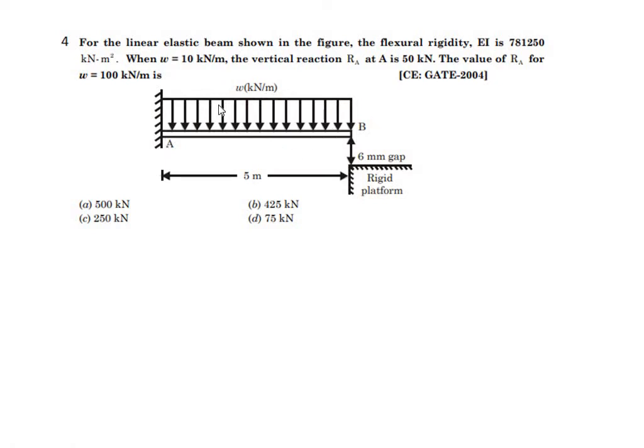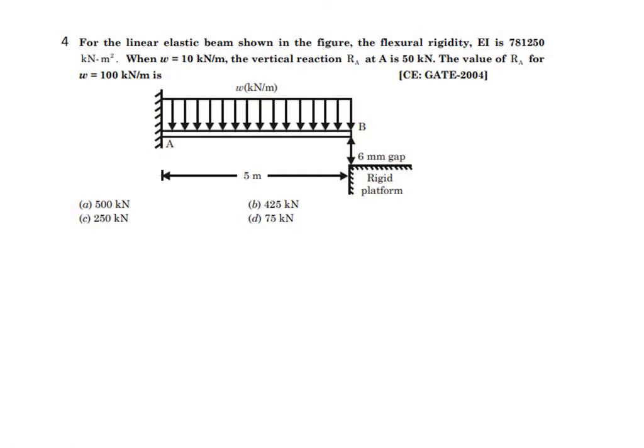And the reaction at A was 50 kilonewton. So the total reaction is at the end A, which means at point B there is no contact. The entire reaction is provided by the A side.